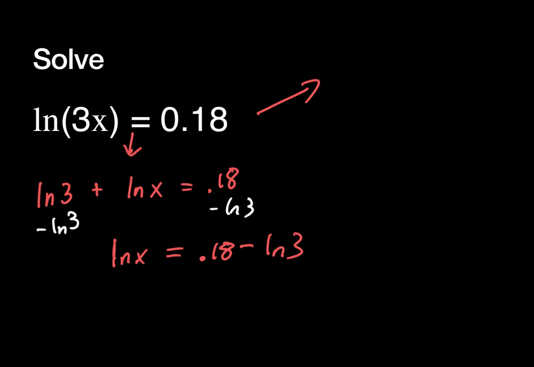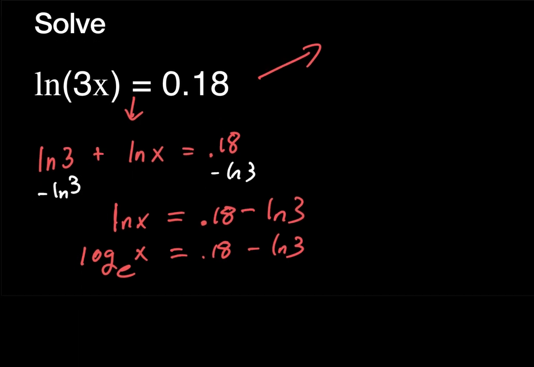But now I have natural log of x equals some number, which is really log base e of x equals that number. Which is really saying e to that power, 0.18 minus natural log of 3, that's just one giant number, is equal to x. So that's one way I could do this problem, using the properties of logarithms.